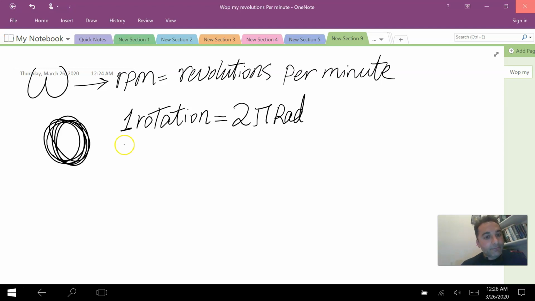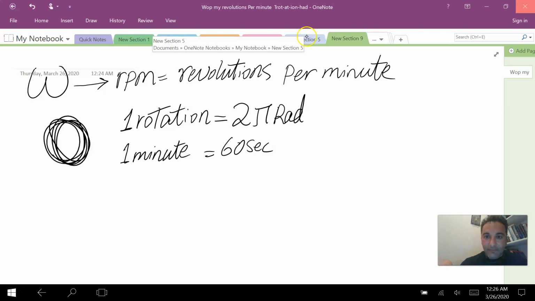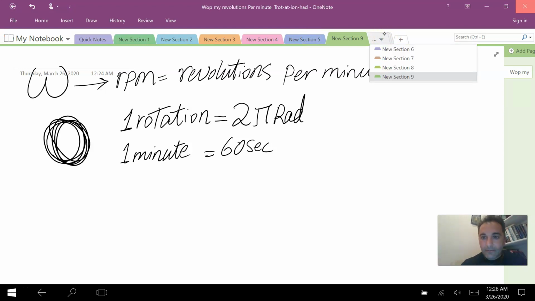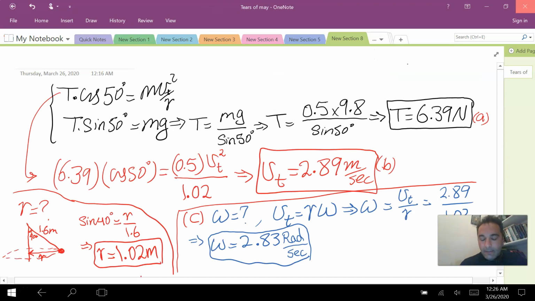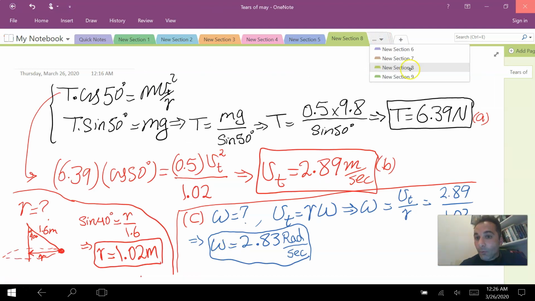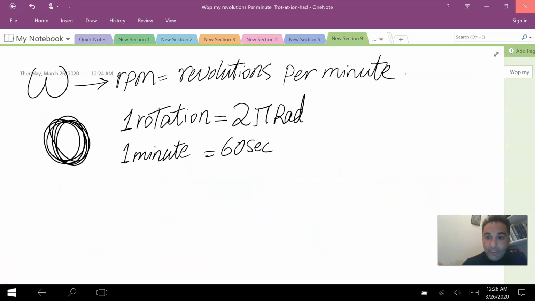And then we need seconds. 1 minute, you know, is 60 seconds. Therefore, the question says: find omega in RPM.